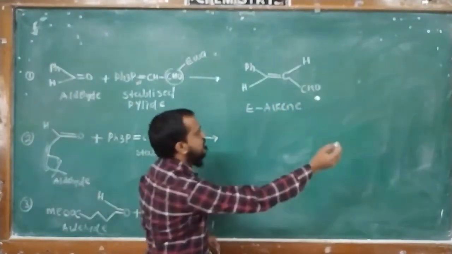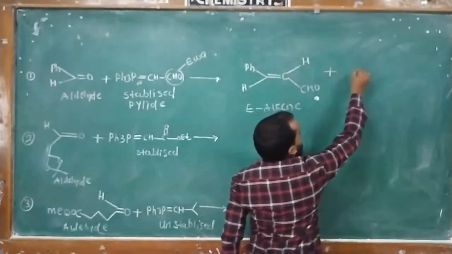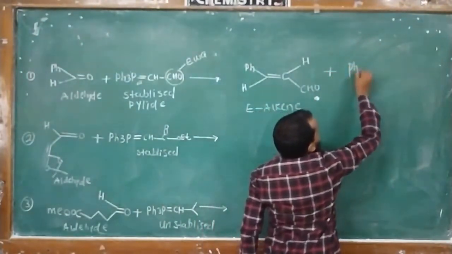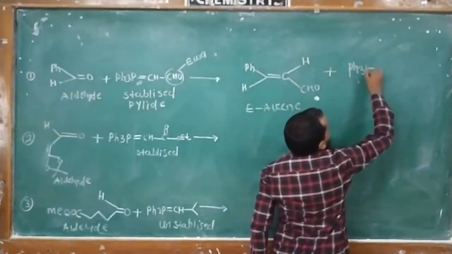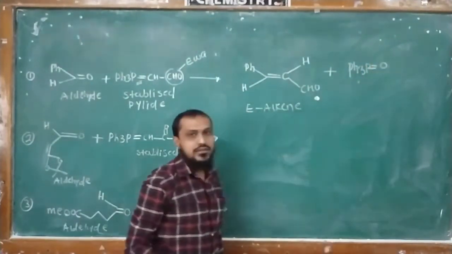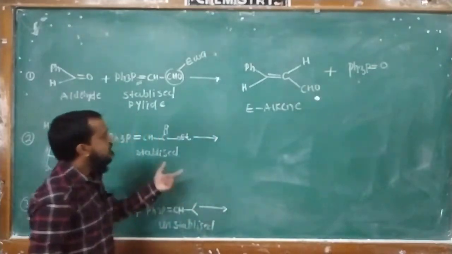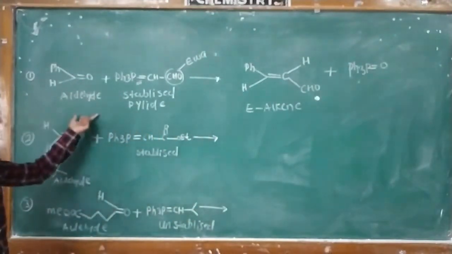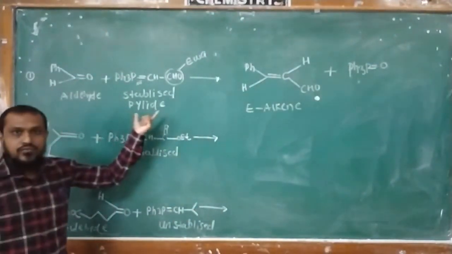And we also get Ph3P=O, triphenyl phosphine oxide. So in the first reaction, the aldehyde is treated with a phosphorus ylide.